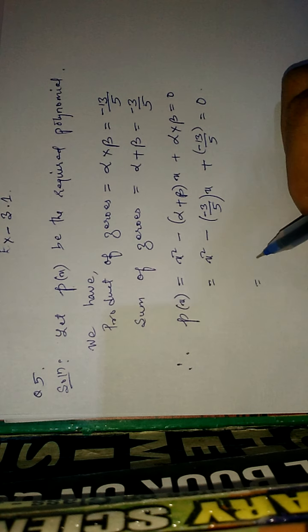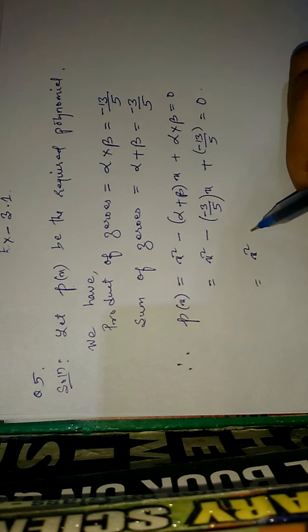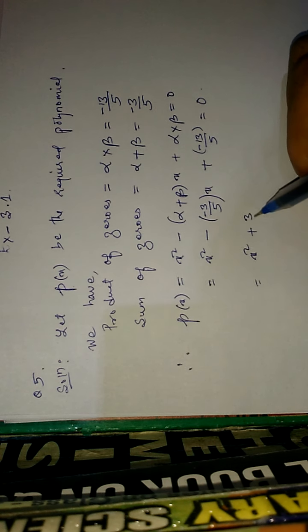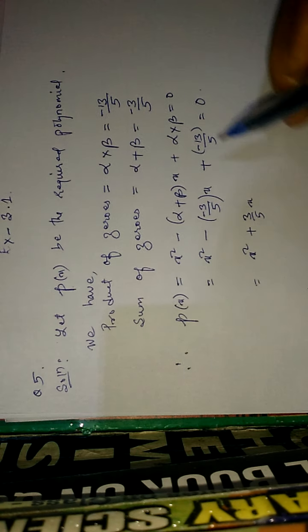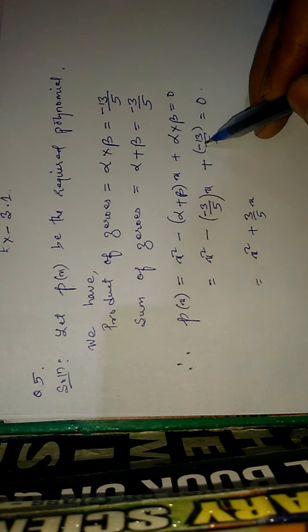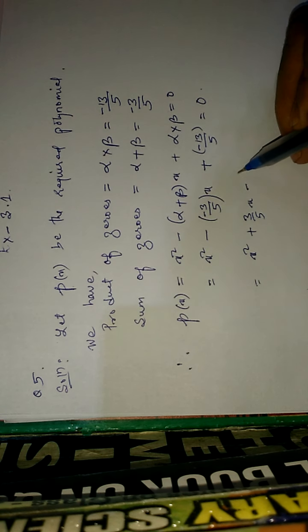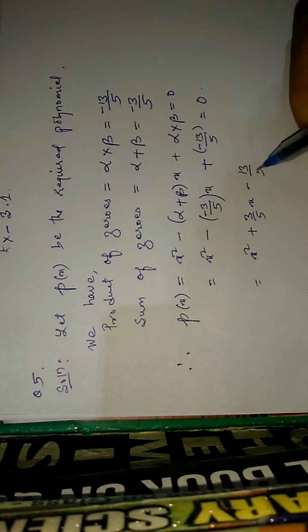So x square, minus into minus gives plus 3 by 5 x, and plus into minus gives minus 13 by 5, equal to 0.